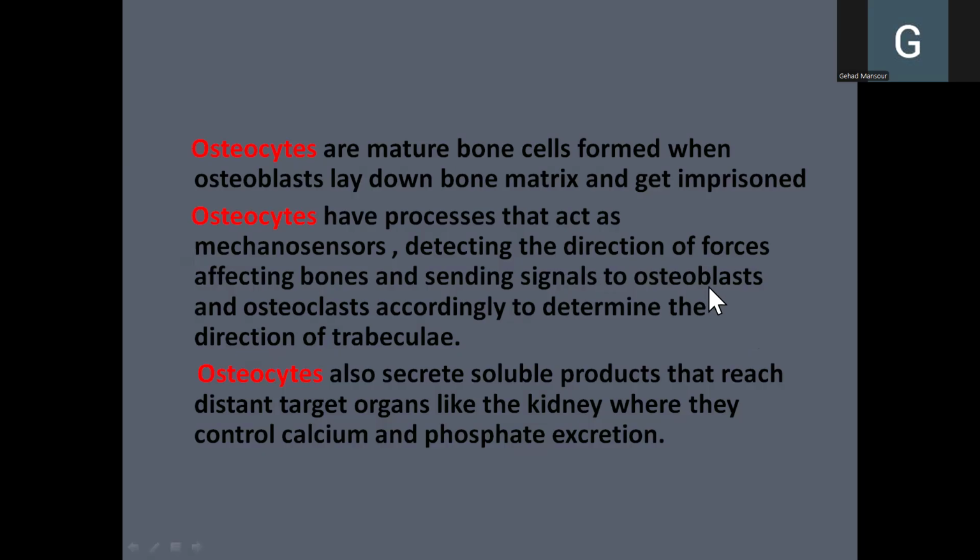So if the force is oblique, then the osteocyte will send the signals to all the osteoblasts that lie in the straight line that is continuous with the line of the force, so that they can lay down more calcium here so that the bone can endure the pressure.